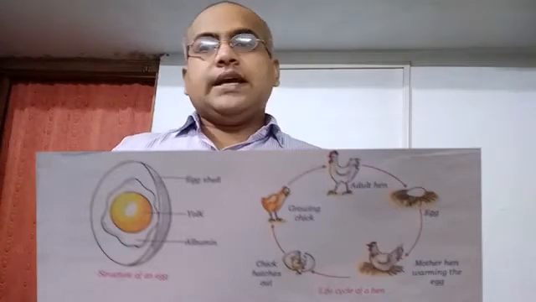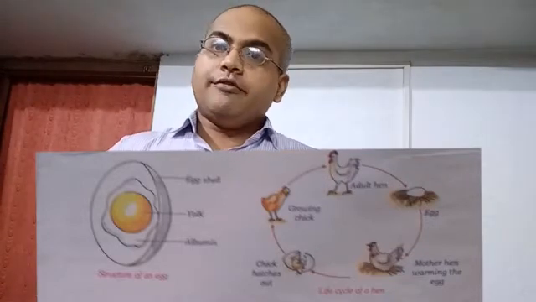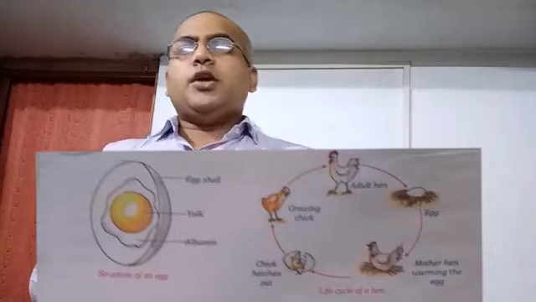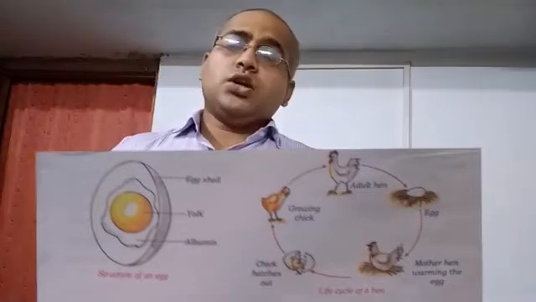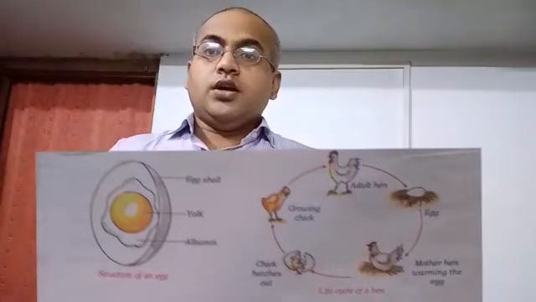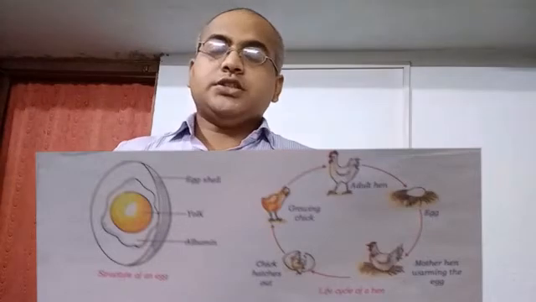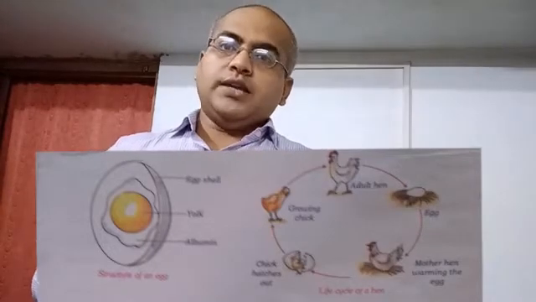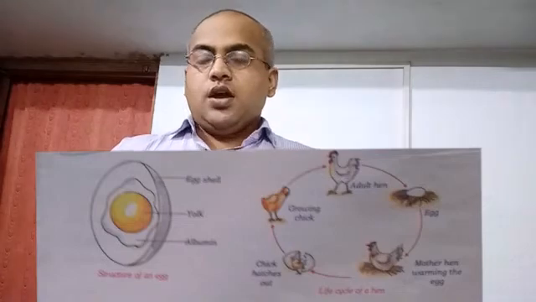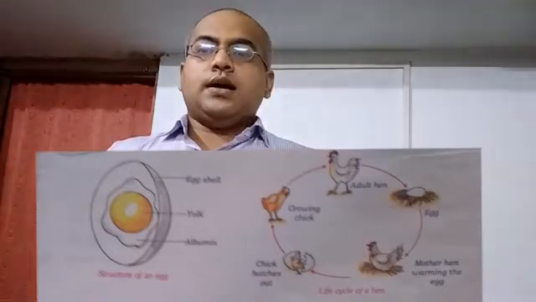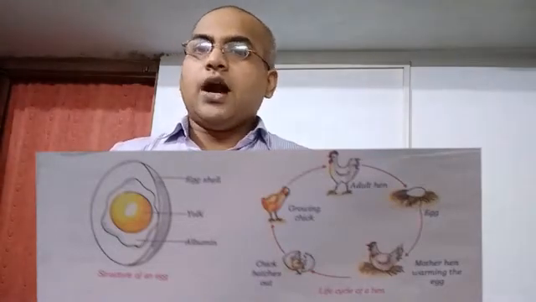Then comes the next animal, that is fish. Reproduction in fish is also very difficult because fish lay thousands of eggs in the water. These eggs are not protected by any hard outer covering.